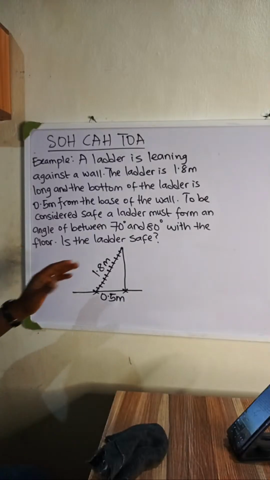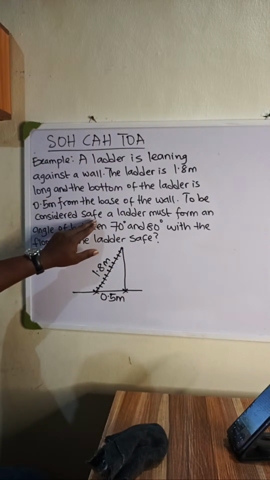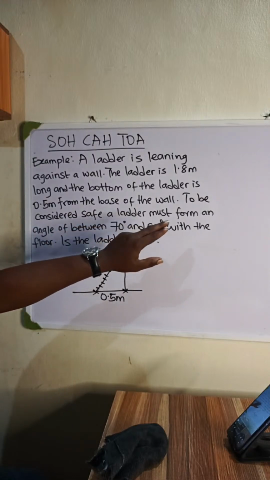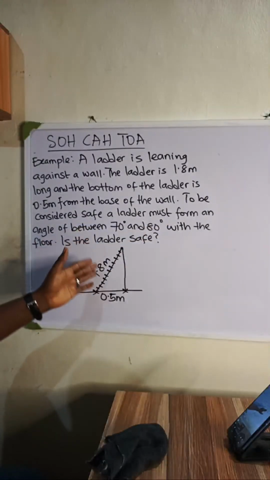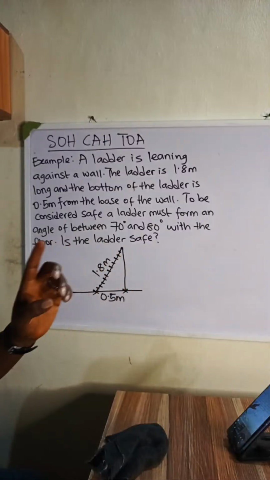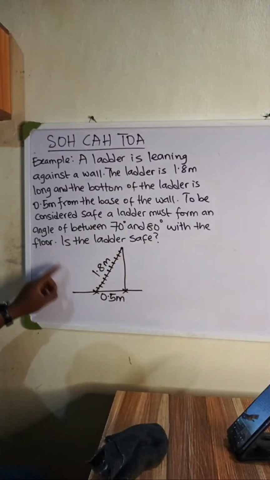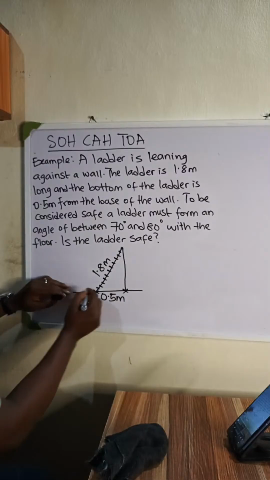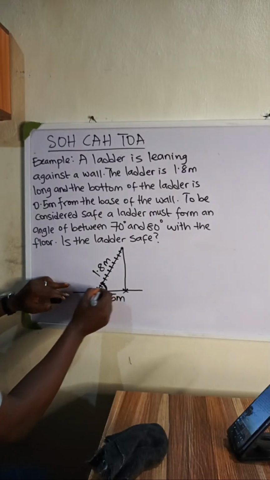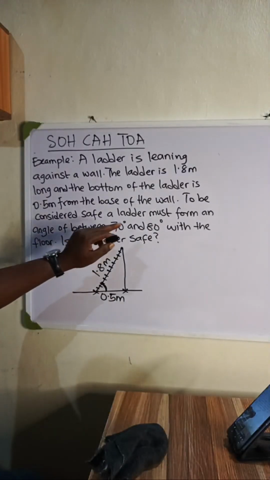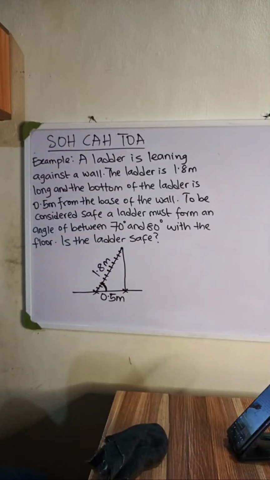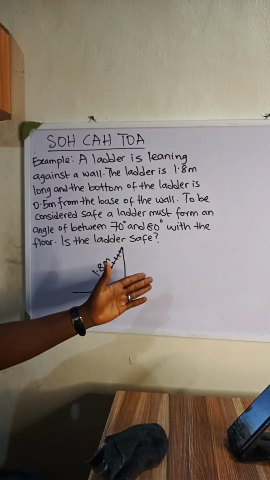Now, we are told that to be considered safe, a ladder must form an angle of between 70 and 80 degrees with the floor. So this ladder, the angle here must be between 70 and 80 degrees. So now they're asking us, is the ladder safe?